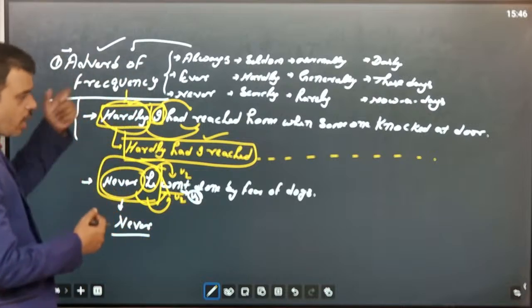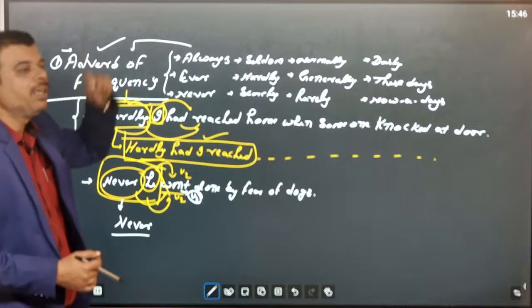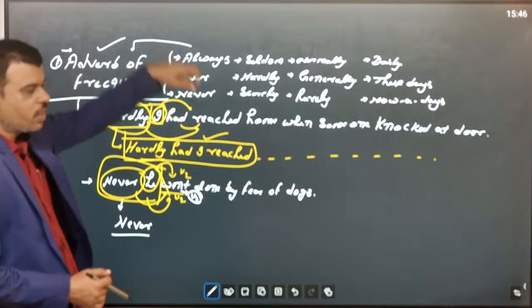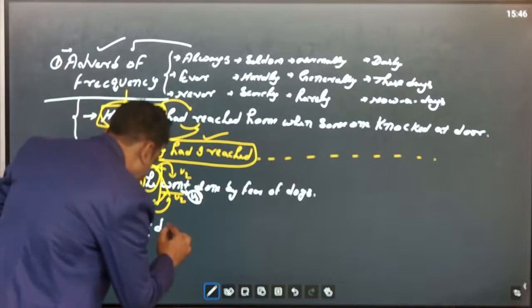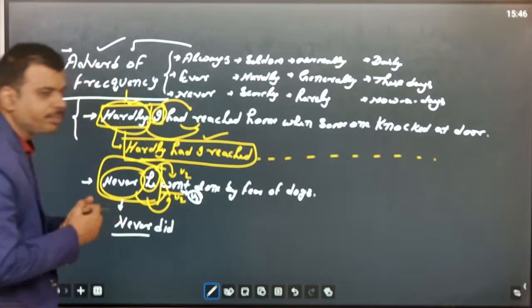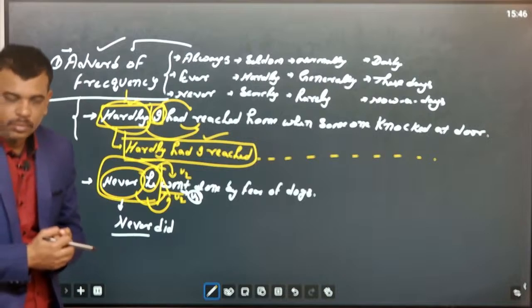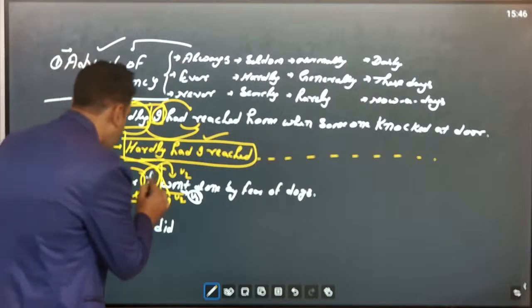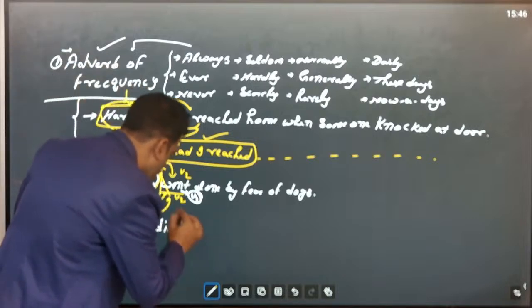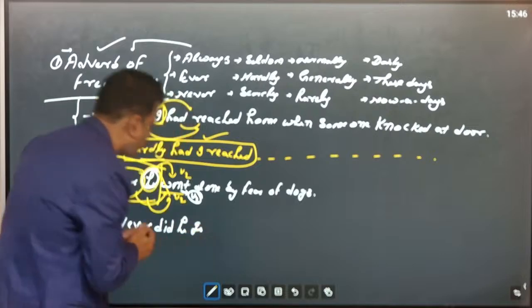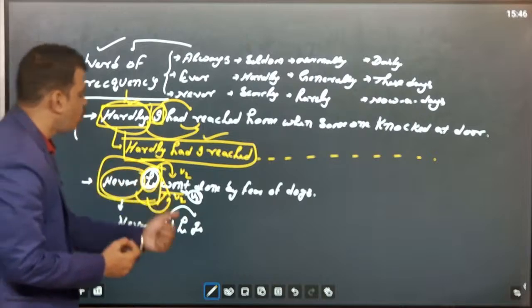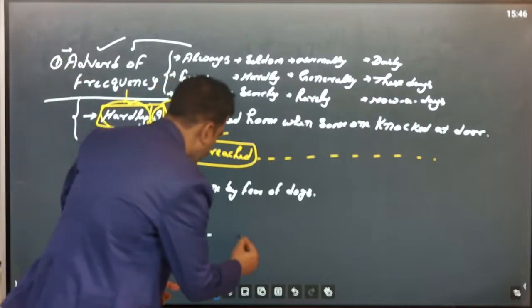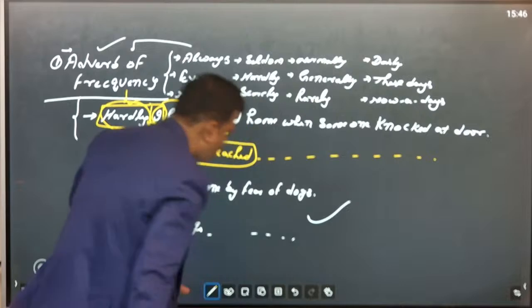So when I consider the helping verb that is associated with went, it comes did. Never did. He will be the main subject and we use V1 with did. So never did he go alone by fear of dogs. It is the correct statement.